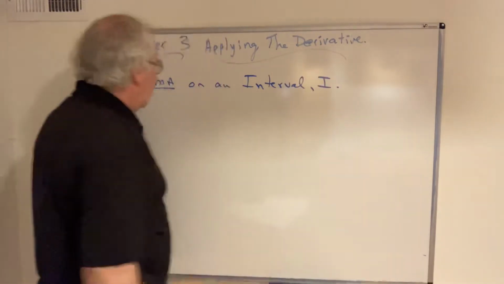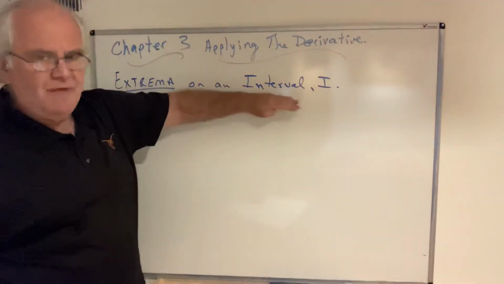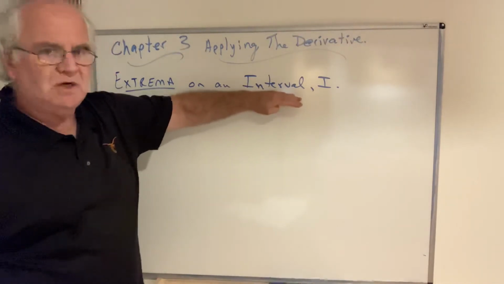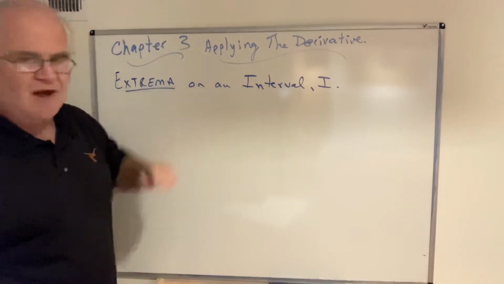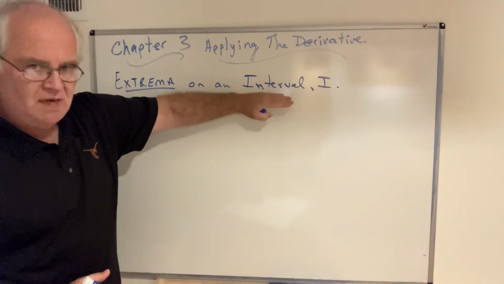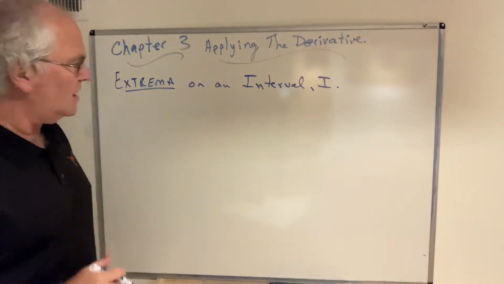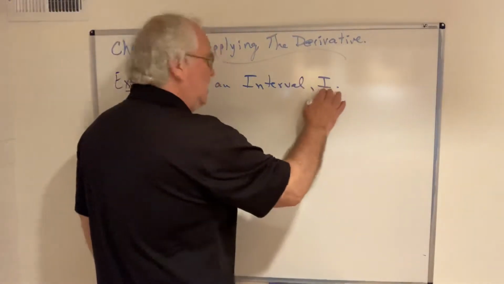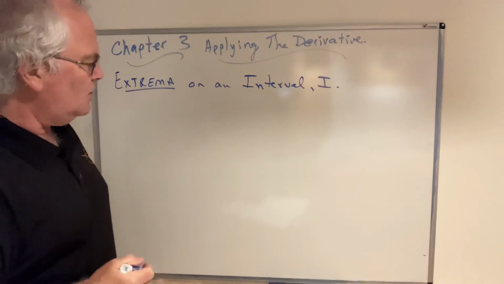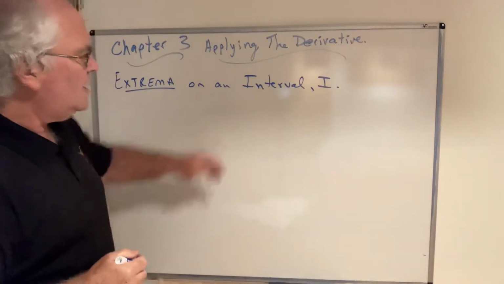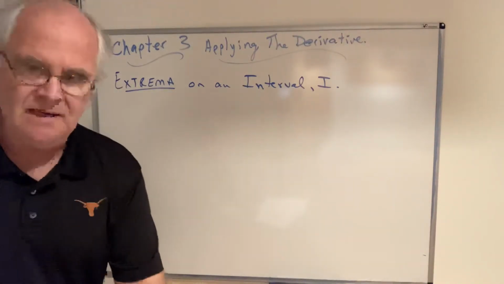I. I think what I'm first going to talk about is the interval, because I think most of us are basically familiar with intervals, but I want to specify what this means just to make sure we're all on the same page. So an interval I. So I is just the label or the symbol we're going to be using to represent an interval. The intervals may be of many different varieties.